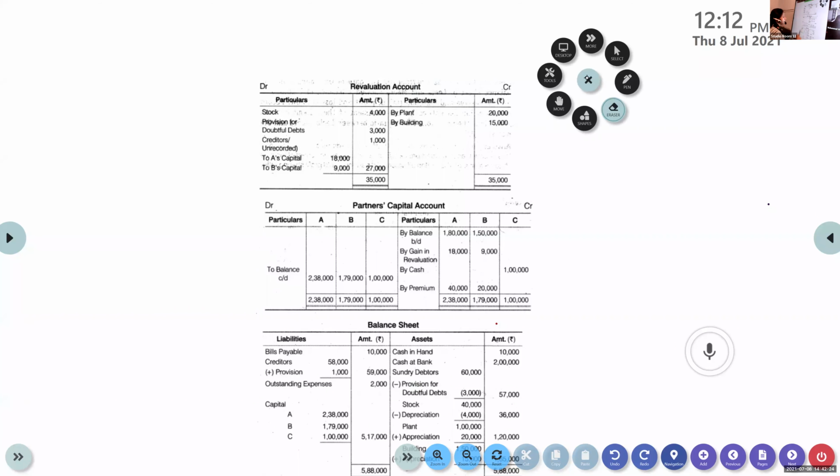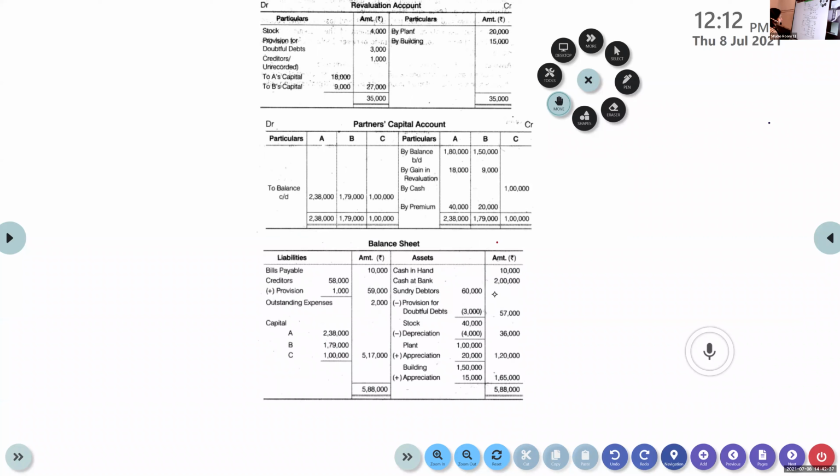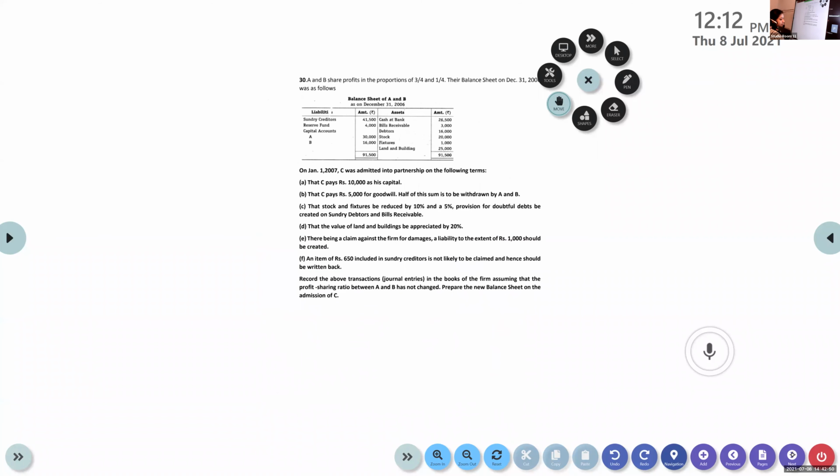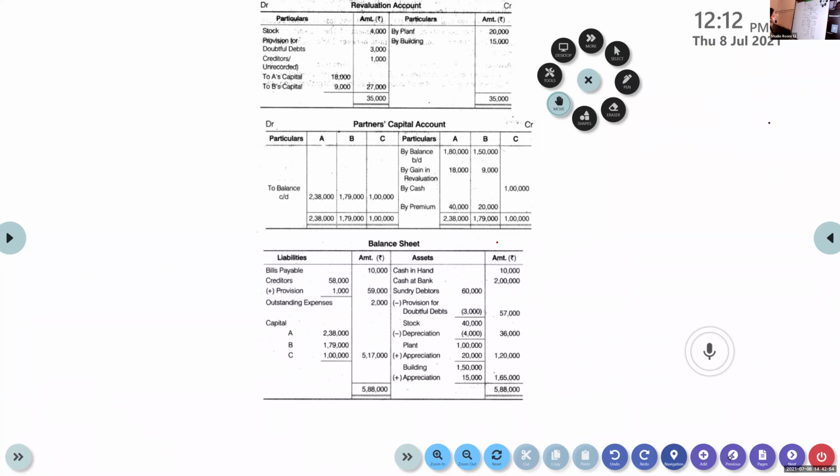We'll prepare the balance sheet. Finished? Partners' capital account is over? Then we'll come to the balance sheet.